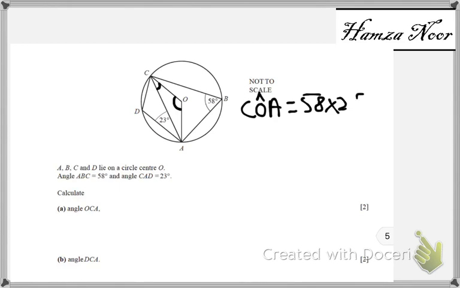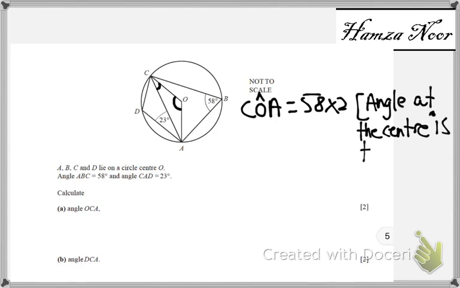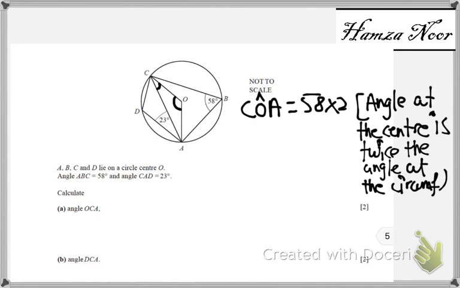And here you will write the reasoning: angle at the center is twice the angle at the circumference. Alright, so here is the correct reasoning for this. So angle COA will be equal to 58 multiplied by 2, which is 116 degrees.